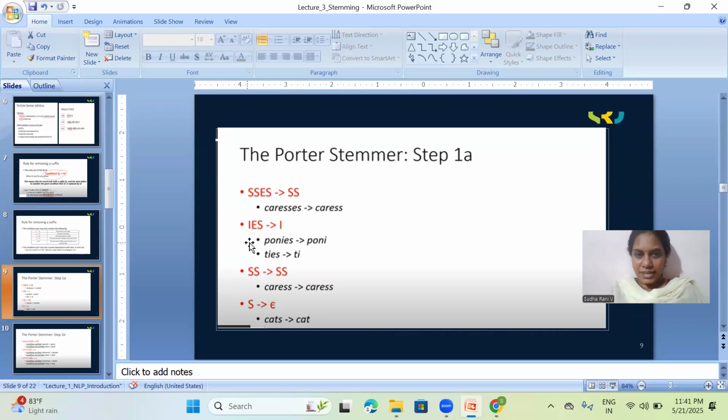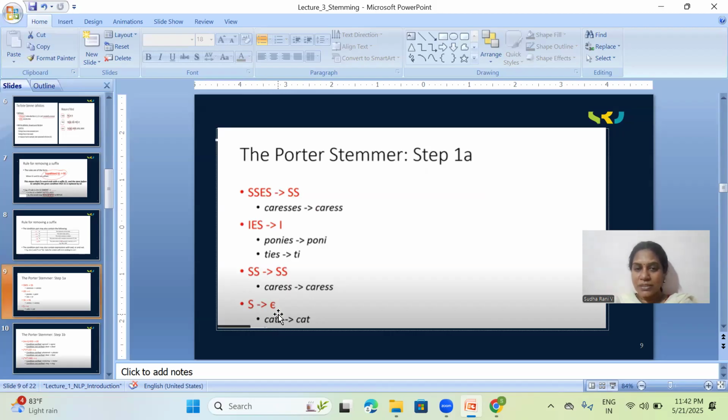The second one: IES tends to I. IES is replaced with I. Ponies becomes pony. Ties becomes tie. SS tends to SS, so caress stays caress.